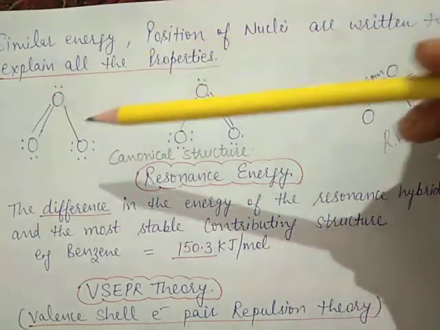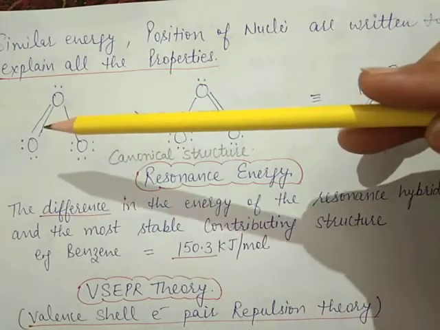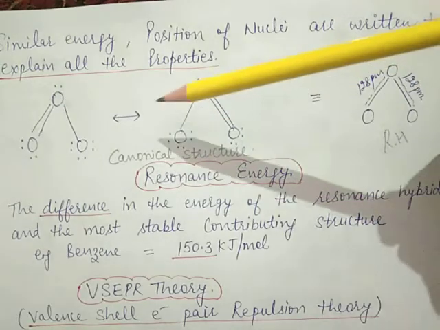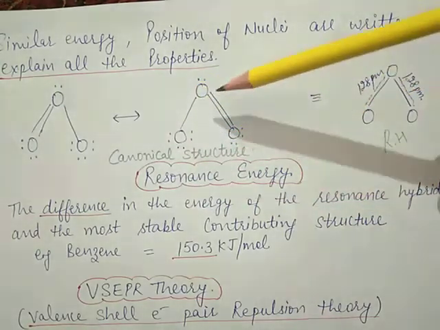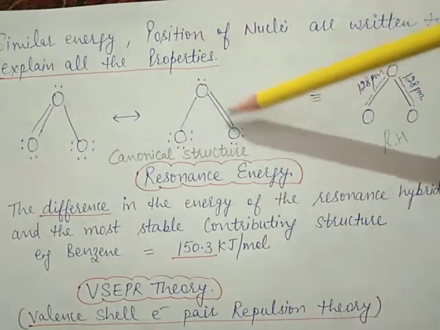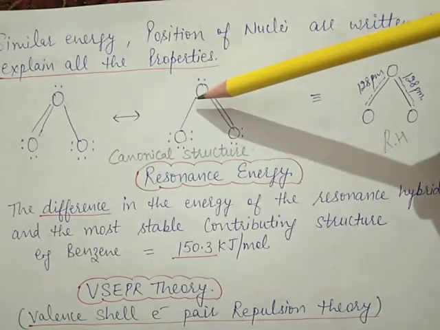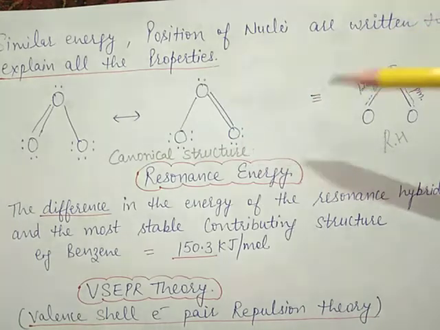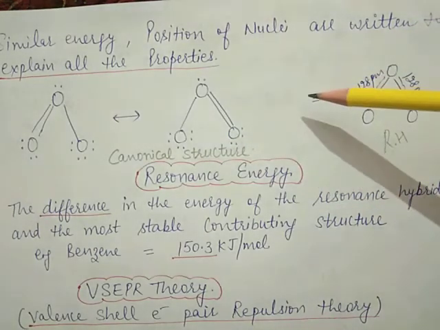In this case, one side has a double bond. But in the canonical structure, the other side has the double bond and one side has a single bond. This structure is just opposite to this. So these two structures are equivalent.